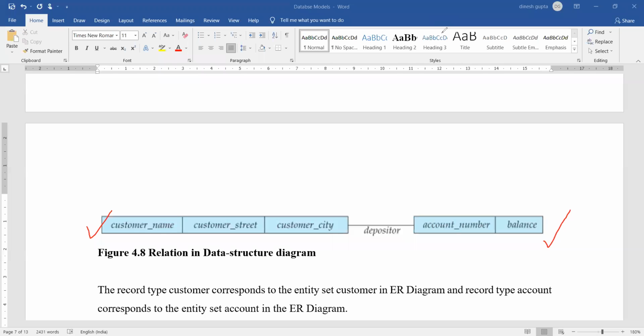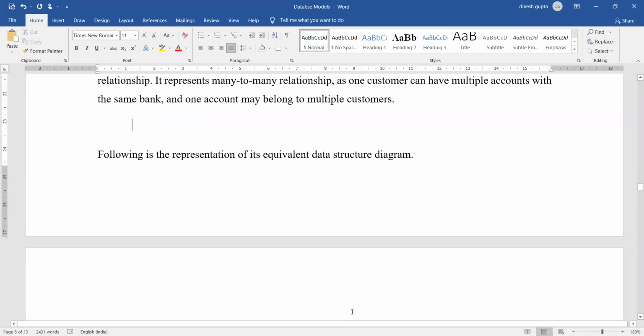Now, to represent the relationship, first of all, there is a line that is used to represent the link, and then the name of the link or the relationship is simply written under the line. So what does it show? It shows that the record customer and the record account are linked to each other, and the name of the link is called the depositor. I hope this is clear. Not much of a difference, but obviously the way with which we conceptualize the things is different.